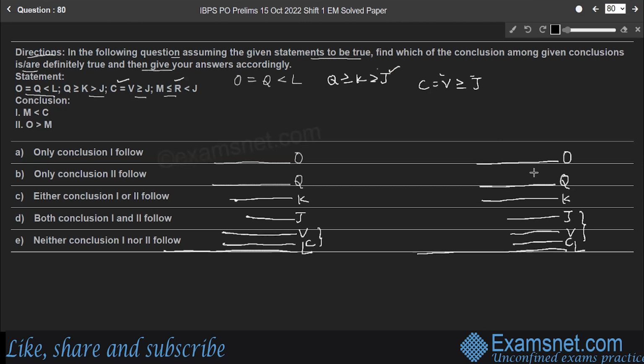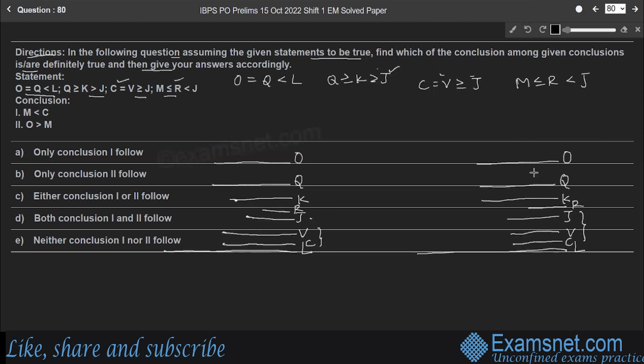And the last part of the statement, M less than or equal to R, R less than J. So here, R and J, R is strictly less than J. So there is a small line R here. In both the cases, small line R. And M less than or equal to R. So consider a line M. So I just insert here M less than R, right?